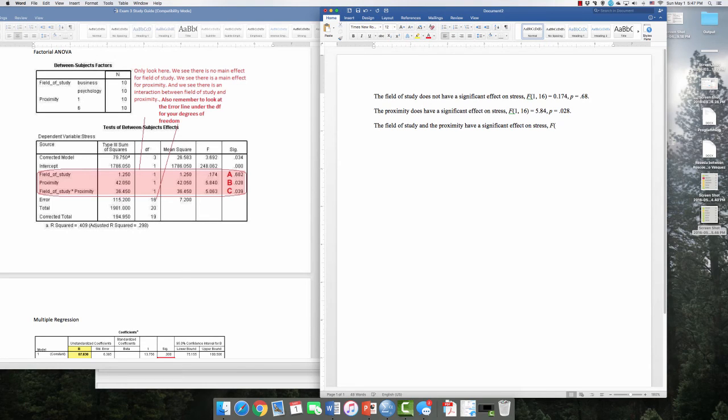So don't forget to use that PDF I created of different ways of writing interpretations. That is 5.06, and the p equals 0.039.